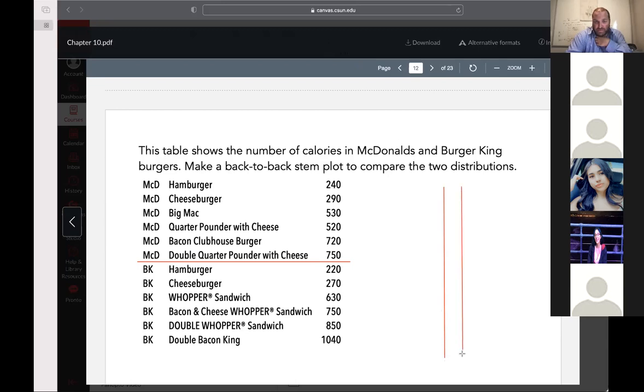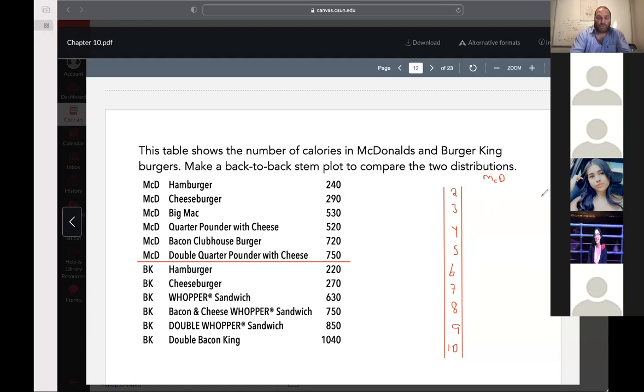I'll make my stem area. And what do I have? I have 2, 3, 4, 5, 6, 7, 8, 9, and 10. And let's do McDonald's on the right side.